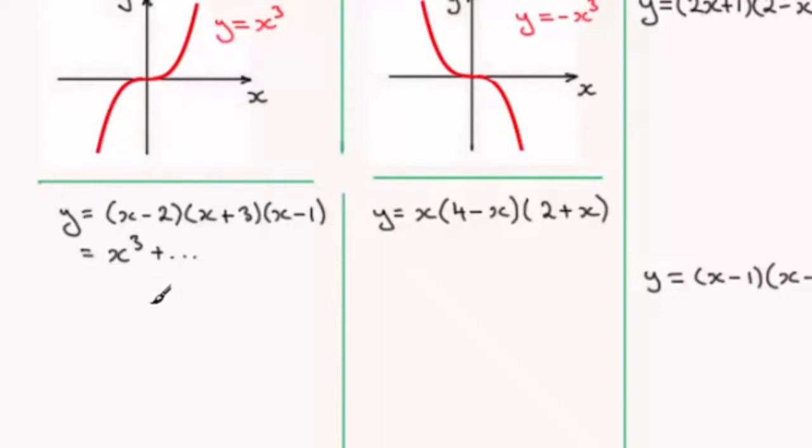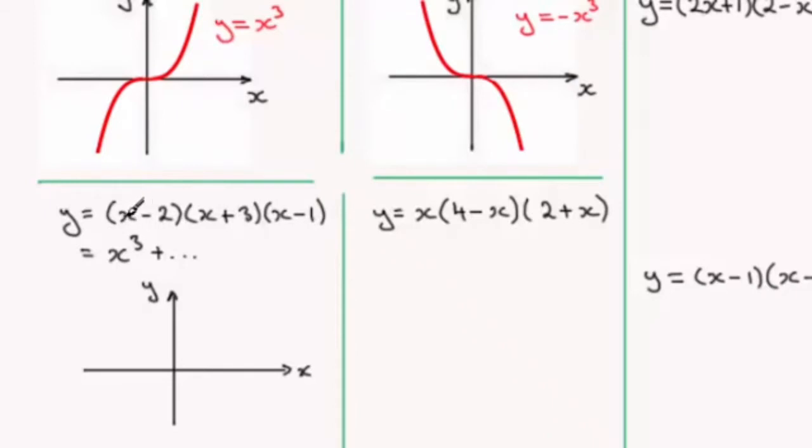Let's draw some axes next and then start to build on this. So I sketch my axes, the x-axis and the y-axis. The next thing I'd want to look at is where it crosses the x-axis. This is when y equals 0. Because this is factorized, it's very easy to see where it crosses the x-axis. Each of these factors would equal 0.